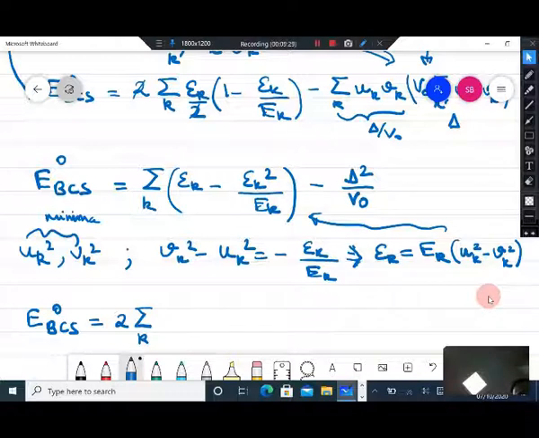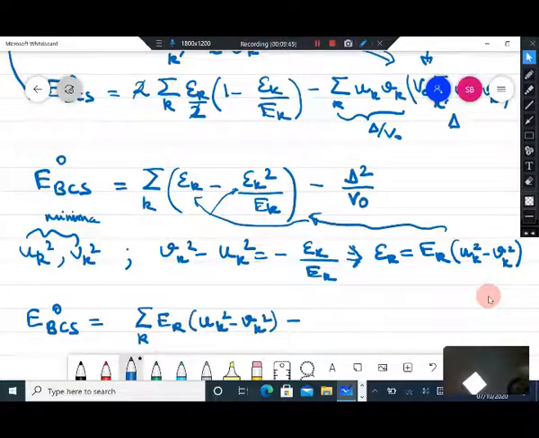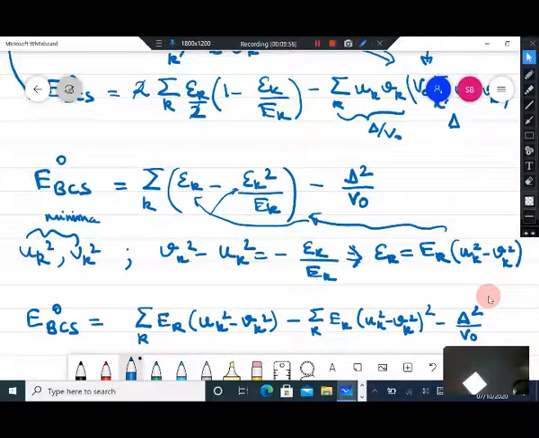okay, before we do that, you can substitute for each of these values. You can substitute here. Okay, and you will get summation over k of Ek into (Uk square minus Vk square), minus summation over k of Ek into (Uk square minus Vk square) the whole square, minus delta square by V naught.